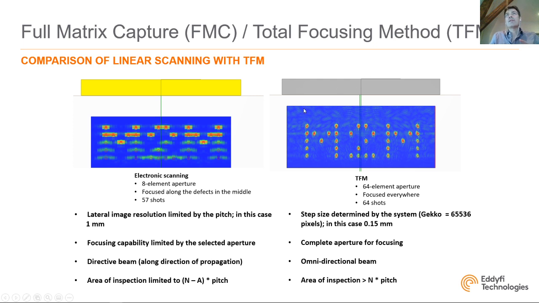So 1 element is sending a spherical wave, sending energy in all directions. So there is a way for the energy to go between the holes and to reach that hole at the bottom. Obviously, the energy is a little bit weaker compared to here, but still, that gives us some capability to look at defects that are located one behind another.